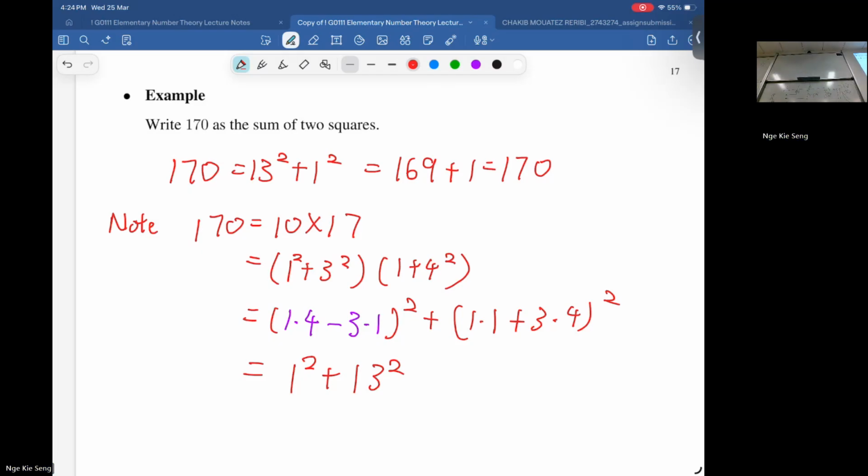A student asks a question about different sums of two squares, and the teacher says maybe that's just for this case. Okay, is it okay? Get the idea?